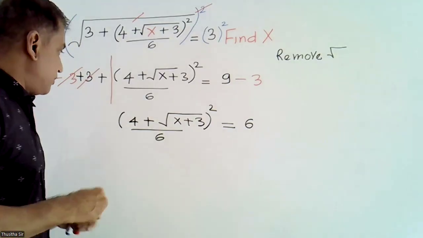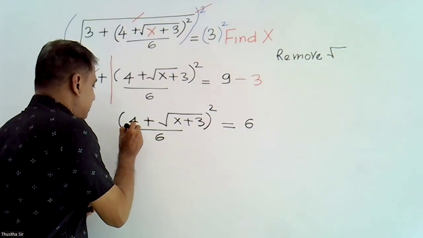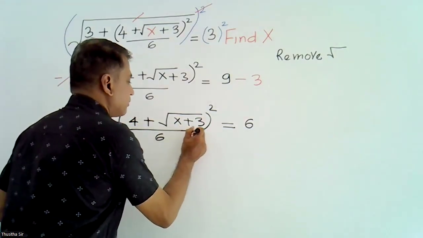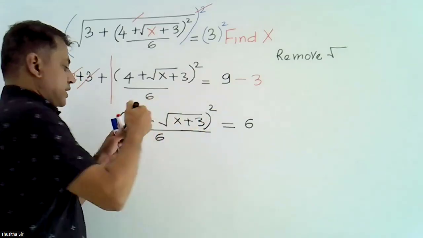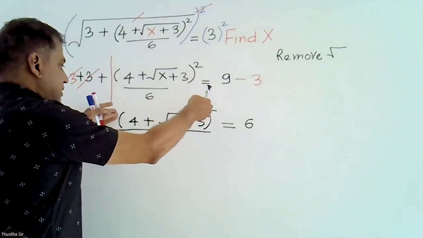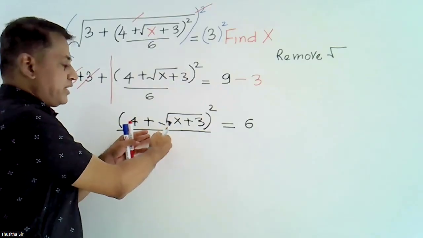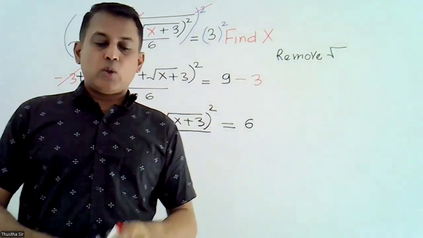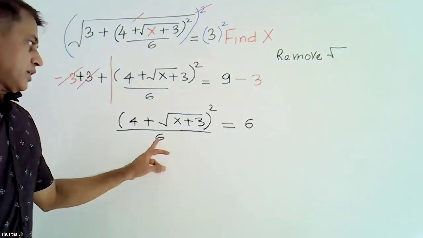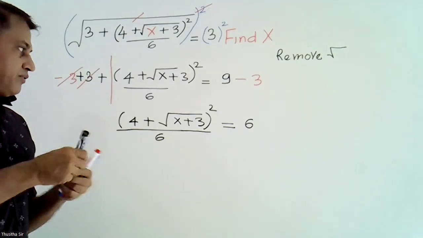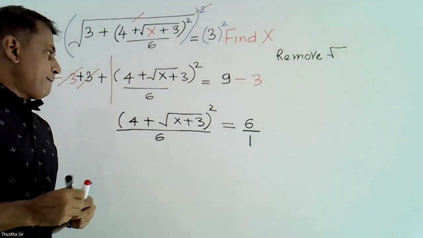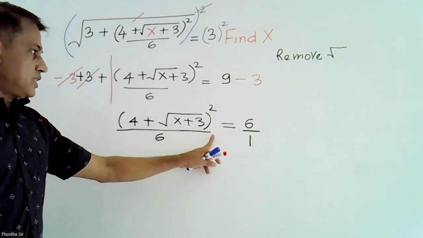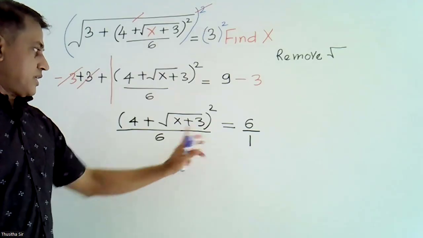So now if you look at this whole number, this is one part, and this is again another number, right? So now I can see this just like this.